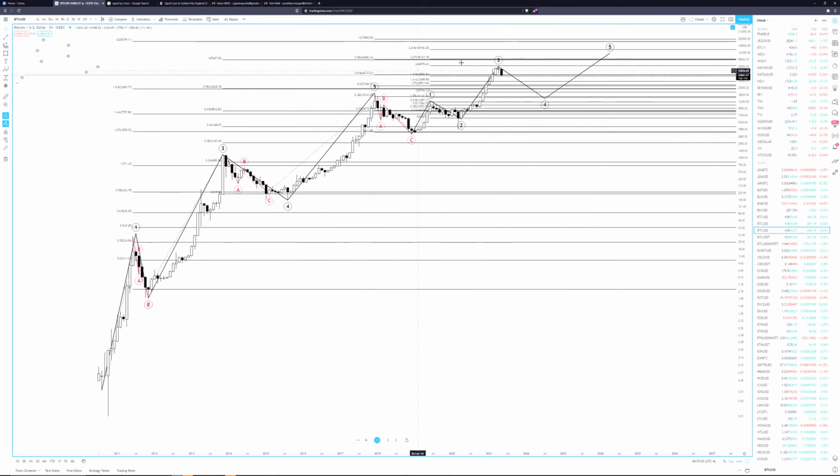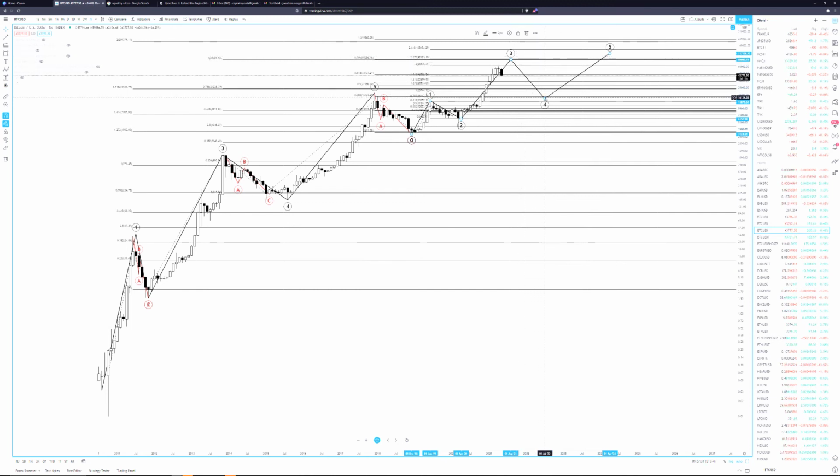And that brings us, we're looking at the $90,000 range. You see the 100% extension, 786 and a 227. So the 100K range is where it looks like our third wave would logically conclude. Psychologically, that's a good value area, 90 to 100K.